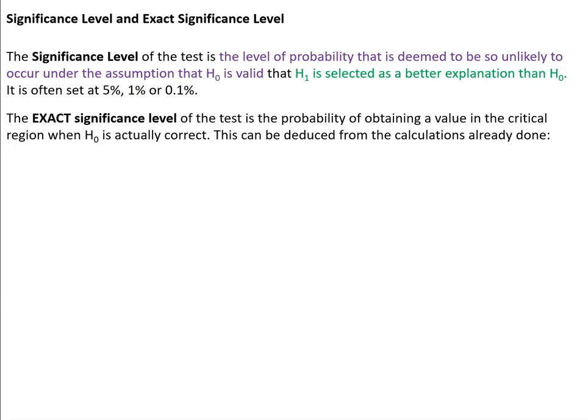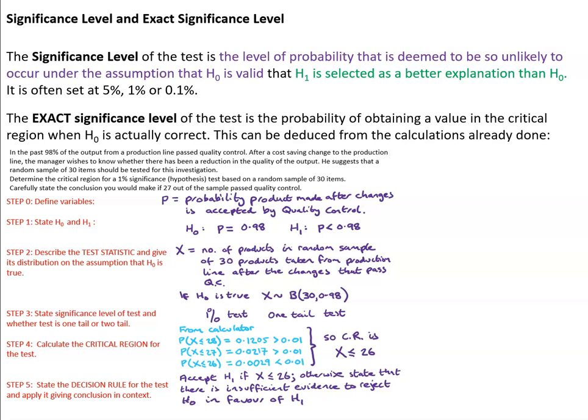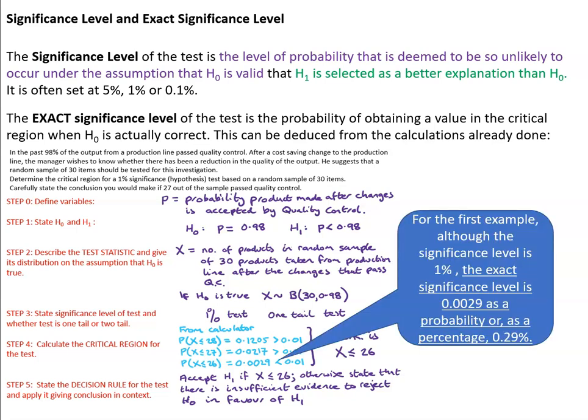So, for example, with our first question on this video, the probability that we are in the critical region when the null hypothesis is true is the probability that X is less than or equal to 26 when X is binomial 30, 0.98, and we've seen that that is 0.0029.